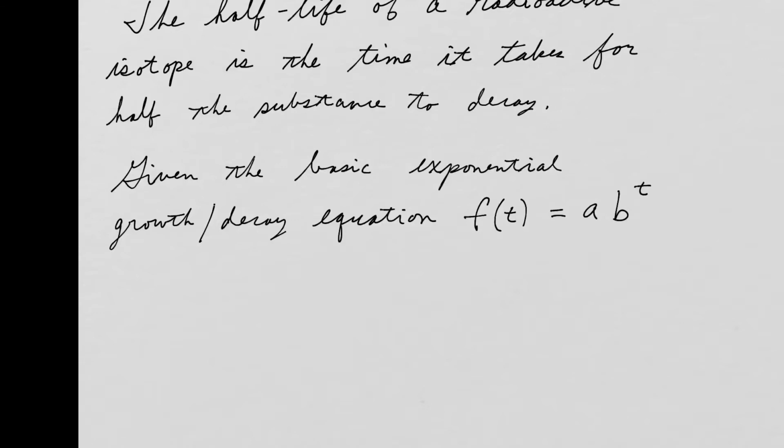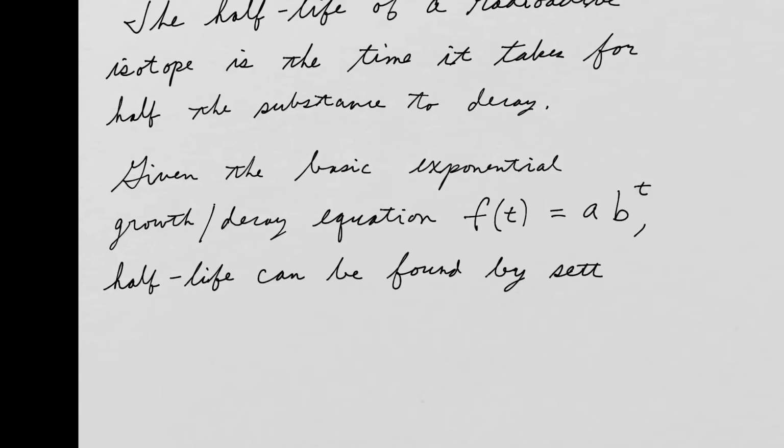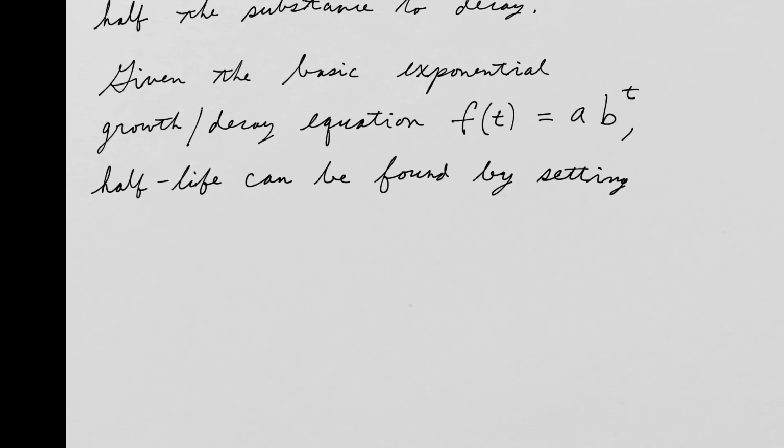So half-life can be found by setting f of t equal to half of a, right? Because remember, a is the initial amount.